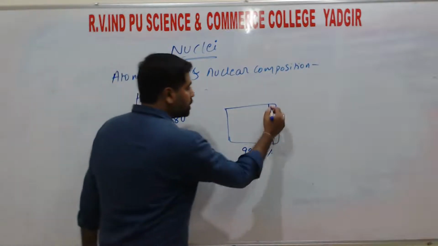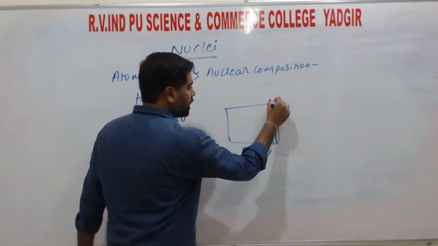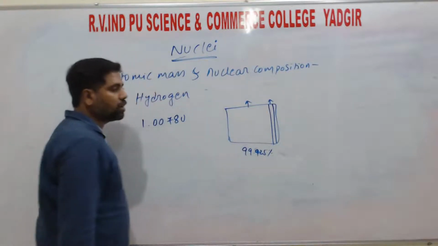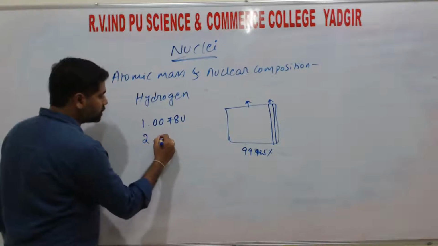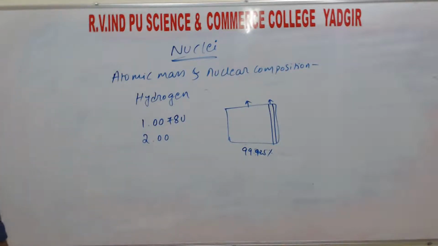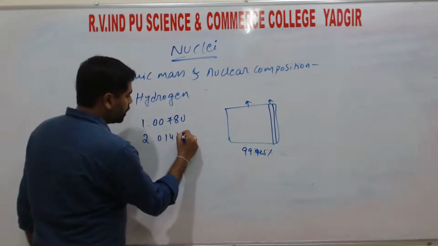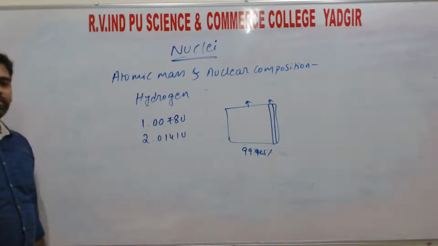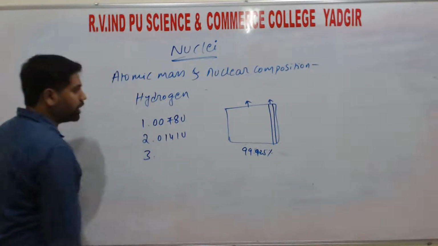Then another type. This is the second type of atoms, which have the mass 2.000141 U, right? So this is the second type, and the third type is 3.